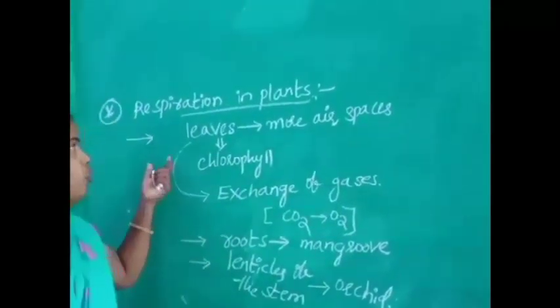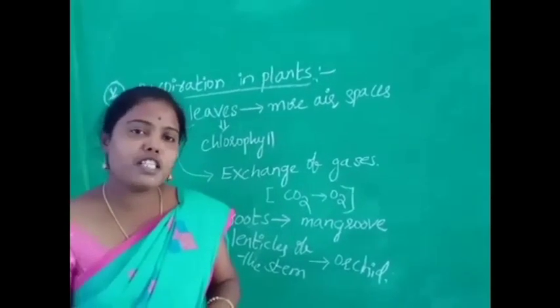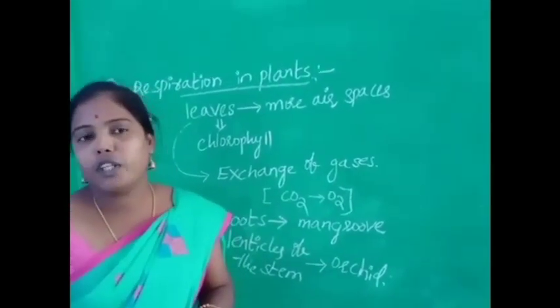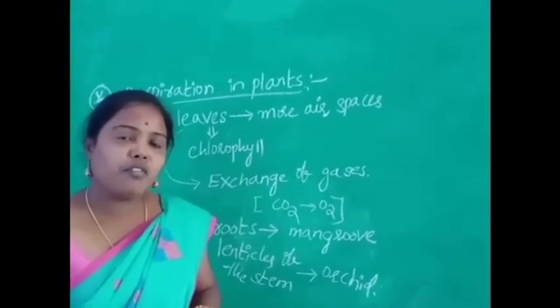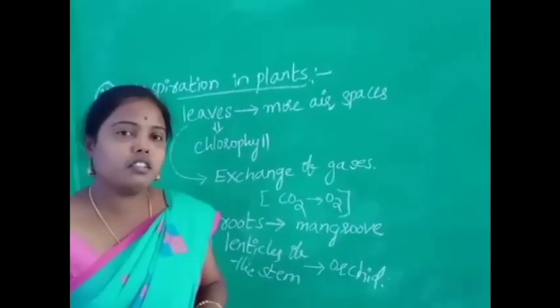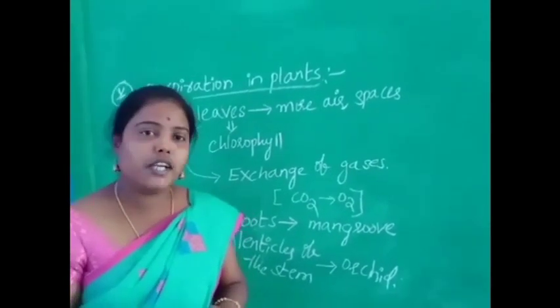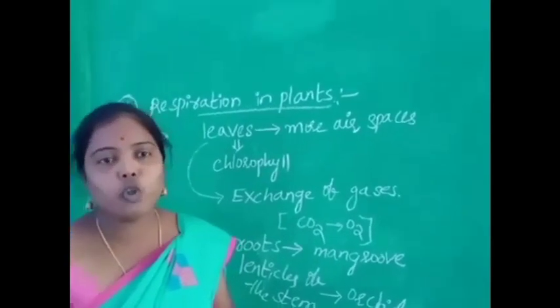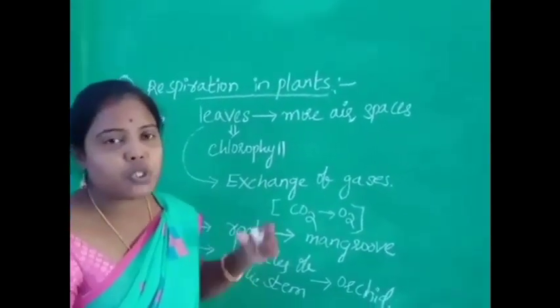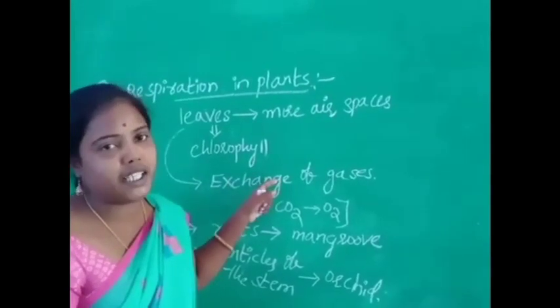Okay, children, what did you understand from this topic? Leaves contain more air spaces when compared to other body parts present in the plant. So, with the help of leaves, the solar energy is converted into chemical energy and the plant prepares its own food in the process of photosynthesis. Mostly leaves carry out this conversion of solar energy into chemical energy.